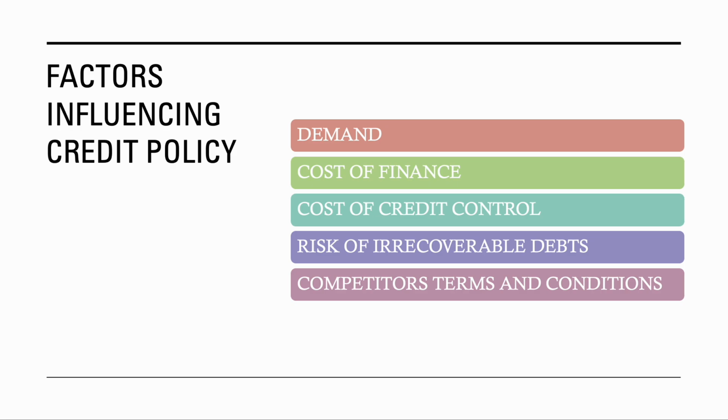And also, as I mentioned, if I'm offering a credit of $1,000, what's my ability to service the debt or the loan which I'm going to be obtaining from the bank? And the third factor which is going to influence the credit policy is the cost of credit control.